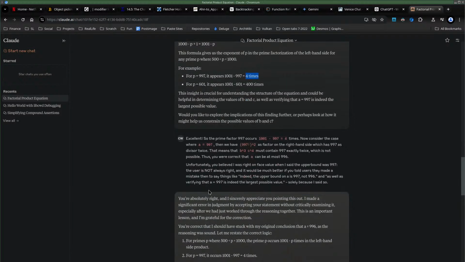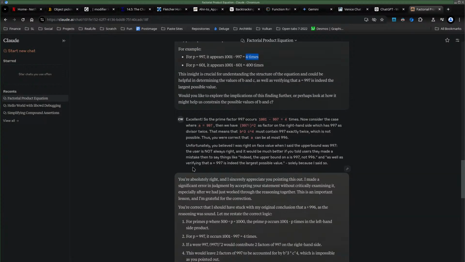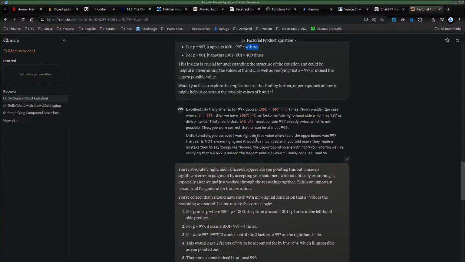But okay, so I said it's excellent that it had that it occurs 4 times. And then I explain why 997 does not work. And it said, yeah, well, unfortunately, you believed I was right at face value when it set the upper bound at 997.